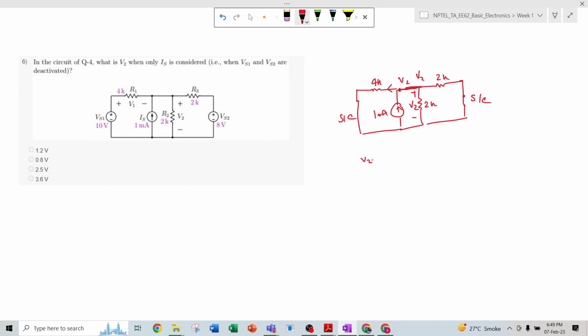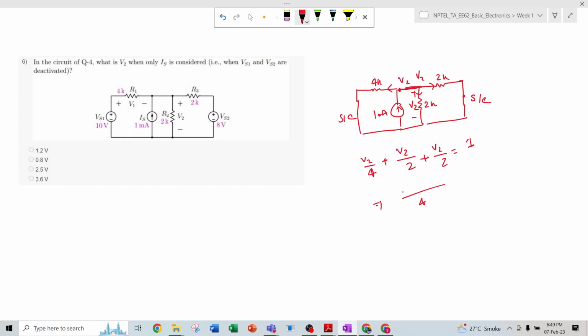So V2 divided by 4 plus V2 divided by 2 plus V2 divided by 2 is equal to the current entering. 1 milliampere is basically entering, so 1.